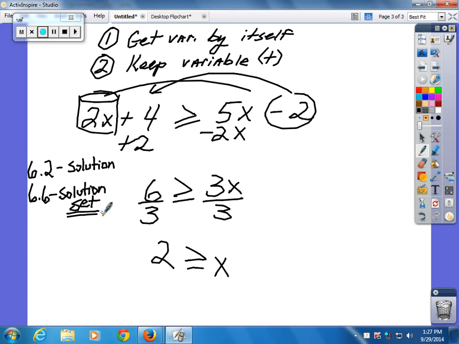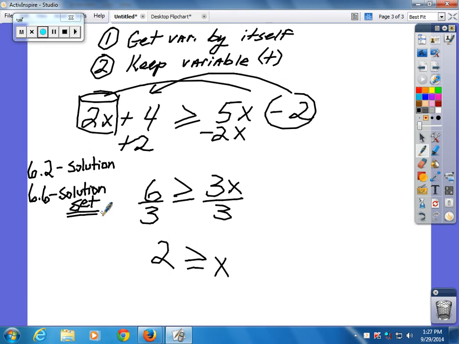Why do we not just call it a solution? Why are we going to graph it? Why do we graph it, and why do we call it a solution set instead of a solution? Because there's more than one answer.